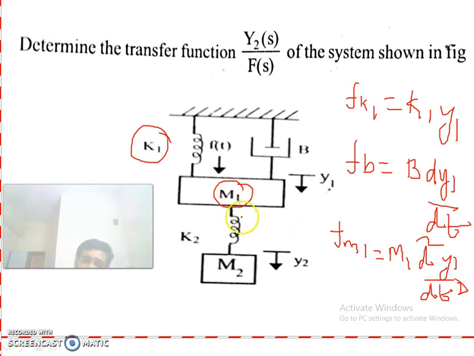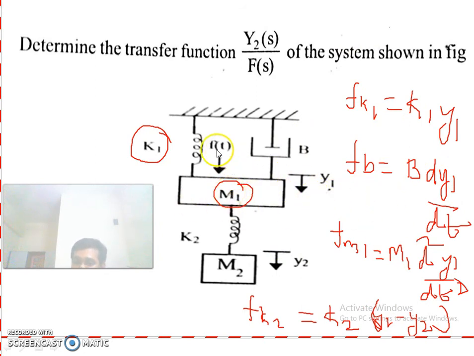Then we are having a spring K2 which is connected between M1 and M2. So Fk2 is equal to K2 into y1 minus y2. Okay, these are the opposing forces which are acting on mass m1.